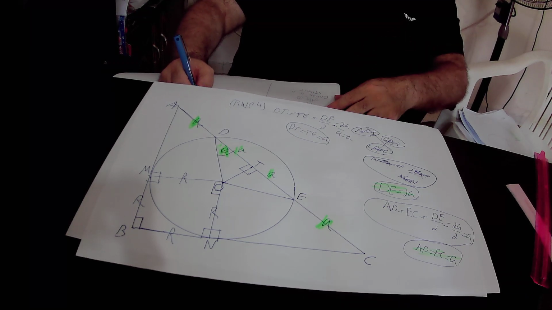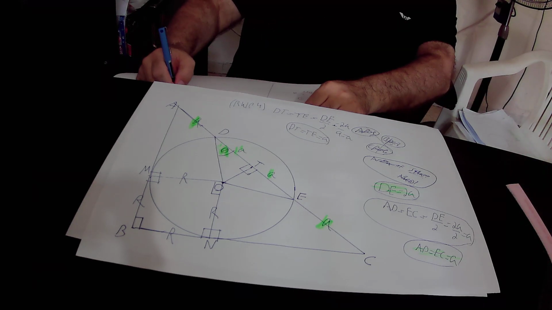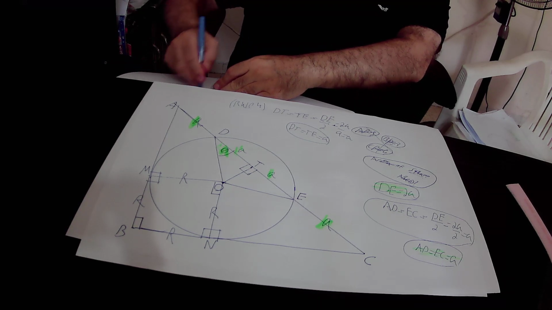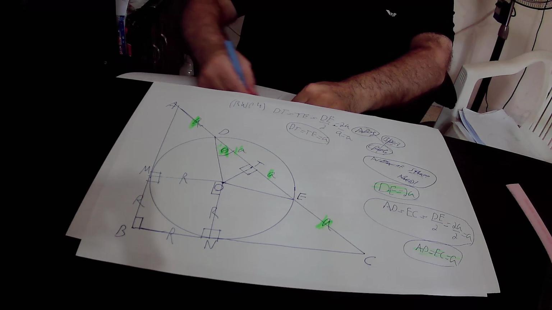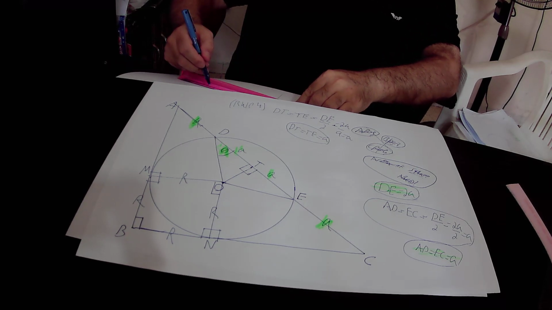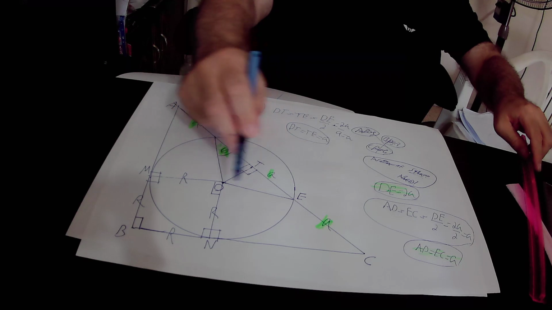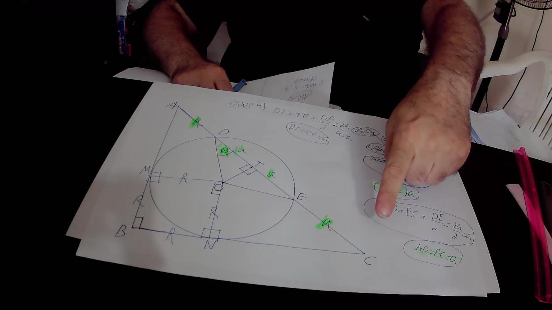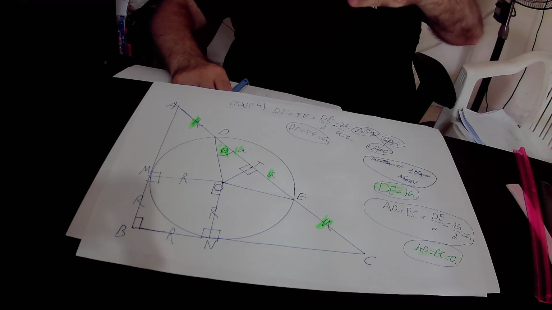If we focus on the external point C, we have tangent CN to the circle, and from point C we have the straight line that intersects this circle at points E and D. Therefore, we can implement here rule number 10.